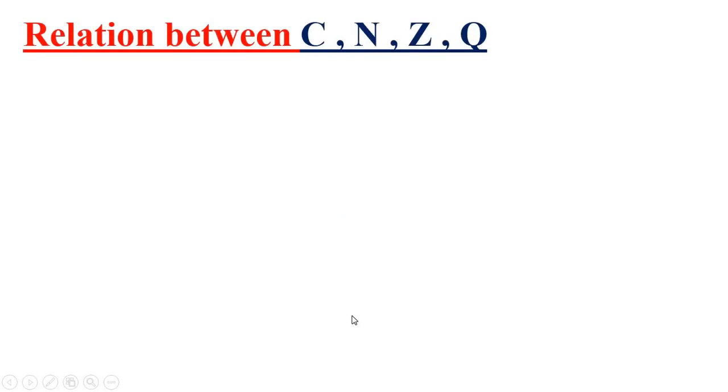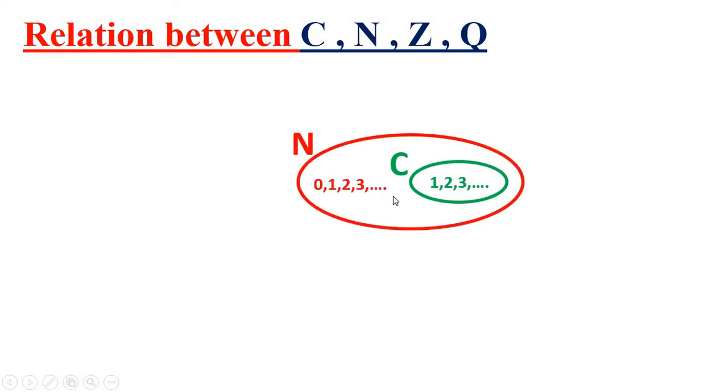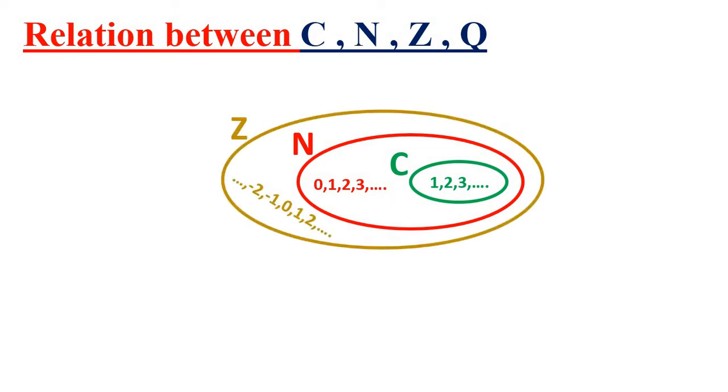We have a relation between C and N and Z and Q. C contains 1, 2, 3, 4 and so on, and N contains 0, 1, 2, 3. We can say C is included in N, or C is a subset of N, and also N is a subset of Z, and C is a subset of Z, because Z contains the positive and negative integers and 0.